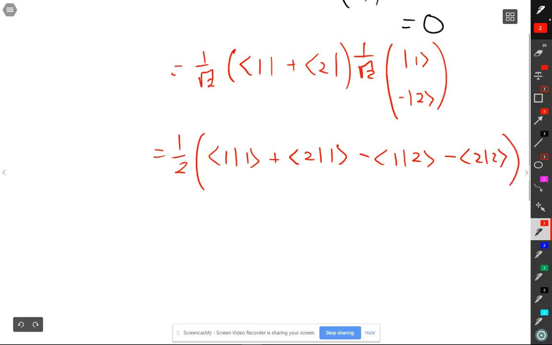This way looked longer, huh? But what is 1, 1? And what is 2, 1? And what is 1, 2? And what is 2, 2? So we have 1 plus 0 plus 0 minus 1. That also shows that they're orthogonal to each other.